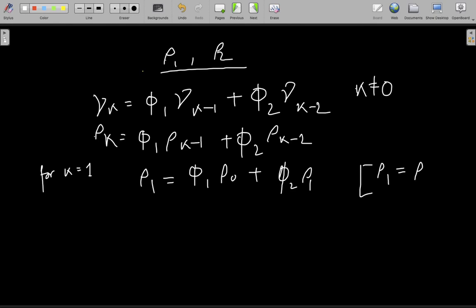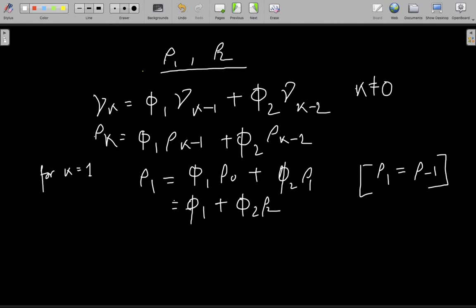We have explained that. Now my rho 0 is equal to 1, right? So that means I have phi 1 plus phi 2 rho 1, right?